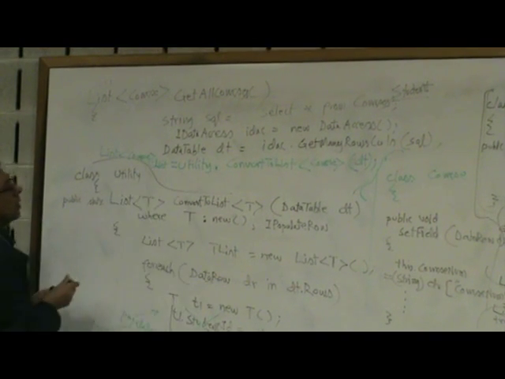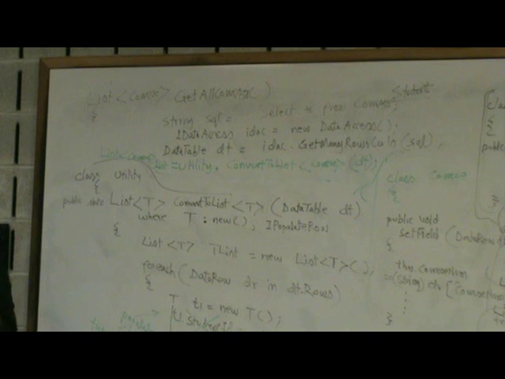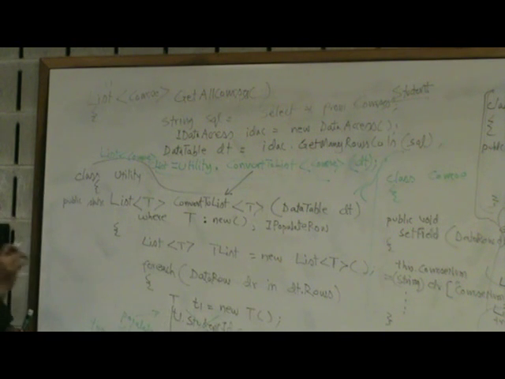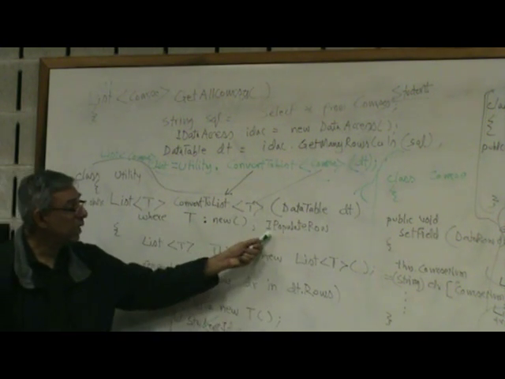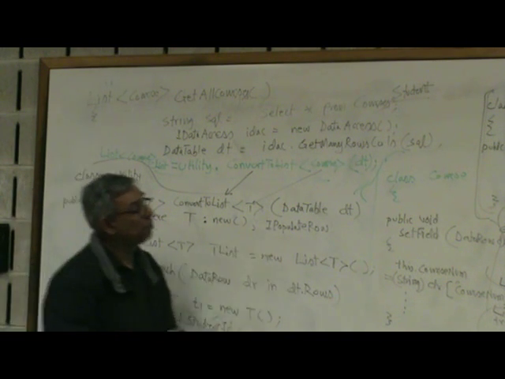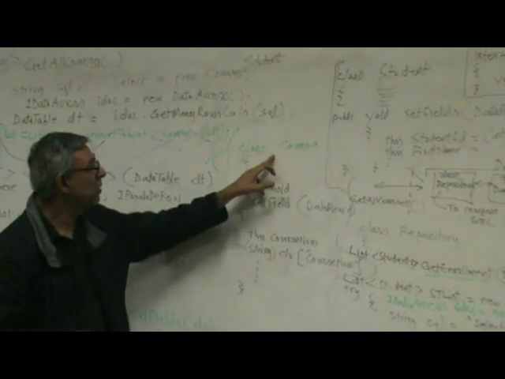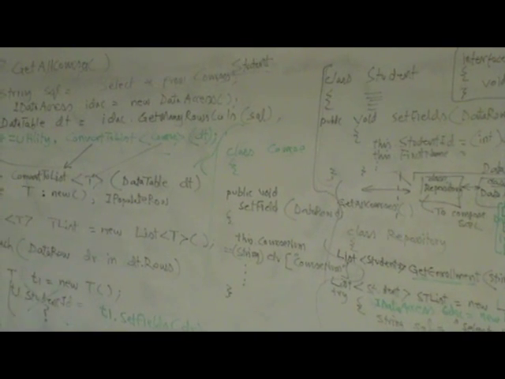Okay, so if somebody tried to write this code in get all courses, what will the compiler check? The compiler will check that somebody is trying to call this convert to list, correct? And it's trying to call this on which class, which generic class? Course. Okay, so course is over T. Does T implement IPopulateRow? If you misspelled it, setField, and you never said class Course IPopulateRow, the compiler won't even let you compile this.